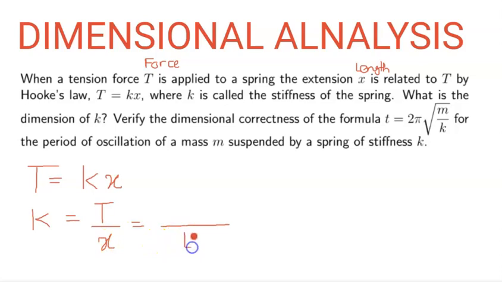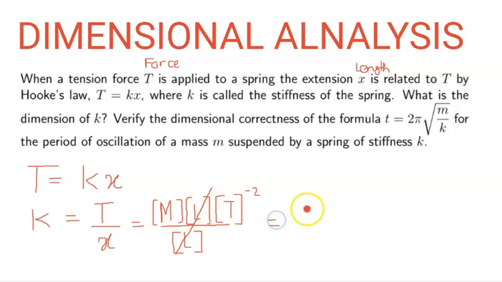Length dimension is just an L. Dimension for the force is M L T minus 2. So the dimension of the K is this, and L and L can cancel out. Dimension of the K is M T minus 2.